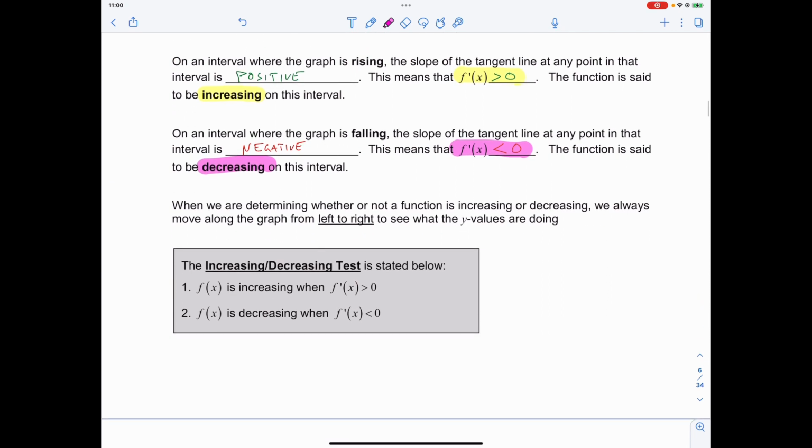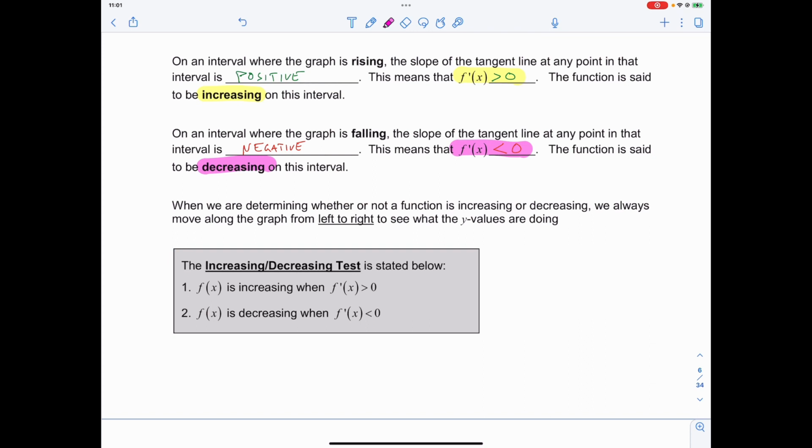When we are determining whether or not a function is increasing or decreasing, we always move along the graph from left to right to see what the y values are actually doing, or what they're changing by. If f of x is increasing, that's when the derivative is positive, or greater than 0.